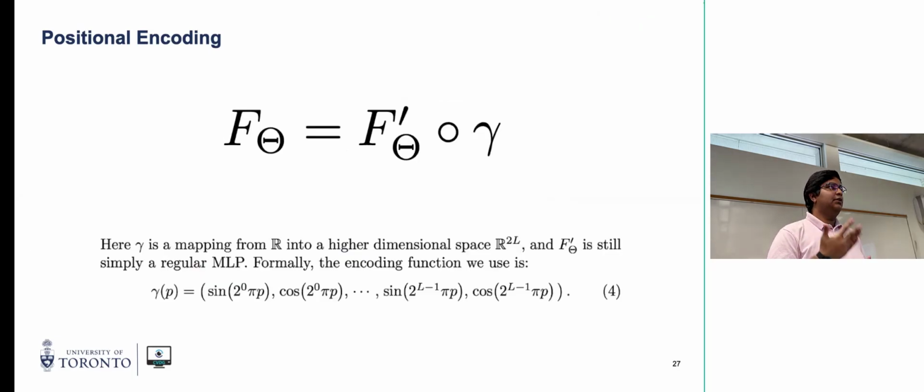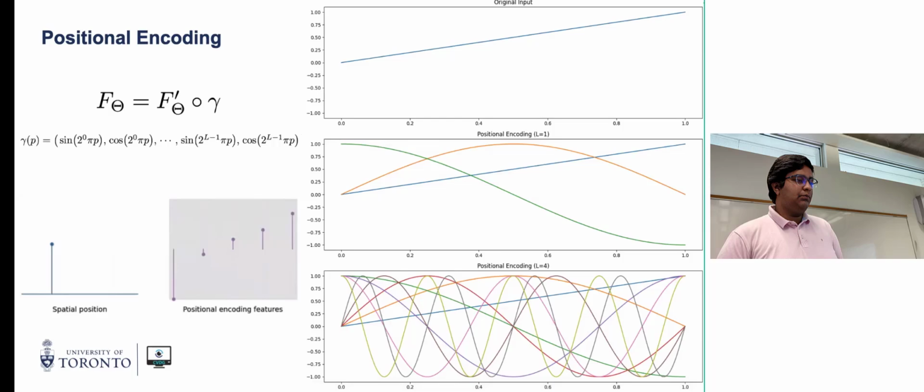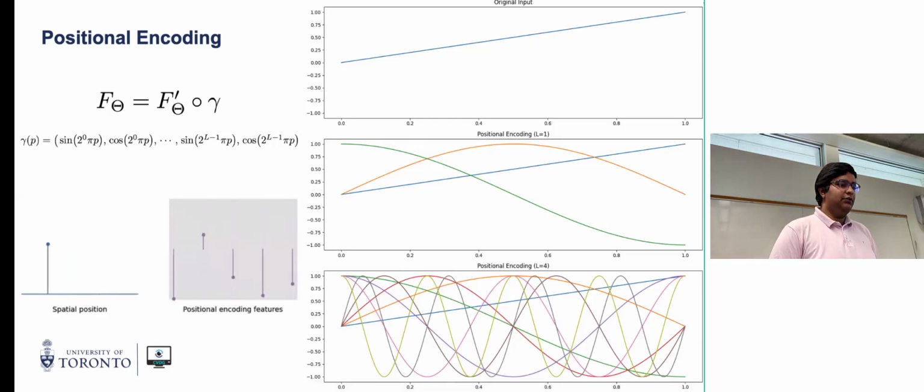So what they came up with was this gamma function, which is basically a positional encoding function, and they merged it with the existing network, and they were able to update the network to this new function over here. Visually, you can think of this gamma function as taking some number between 0 to 1, like the original input here, and transforming it into a three-dimensional or 10-dimensional vector, which has different values at each point.